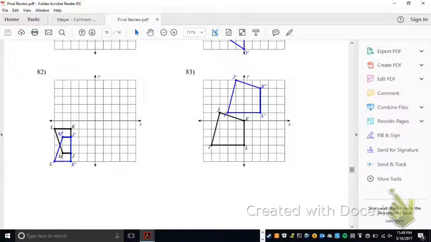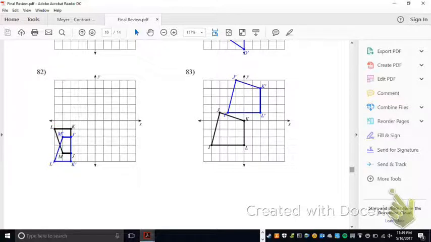So we're looking for that line which is going to be the perpendicular bisector of each line containing the points. If we were to draw this line connecting L and L prime, we notice it's a straight vertical line, which means that the line of reflection has got to be 90 degrees to that, or a horizontal line.